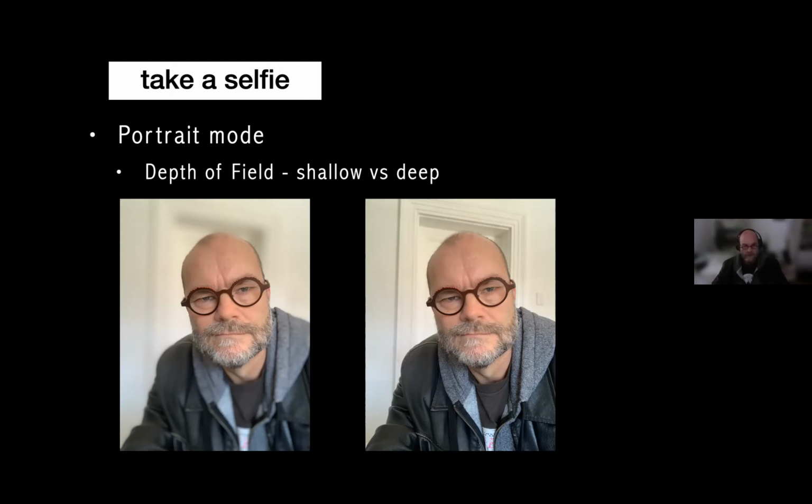On that shot on the right-hand side, I've got a very deep depth of field, which means everything is more or less in focus, from myself to the background, a lot of detail. And on the left-hand side, after taking the photograph with the on-phone software, I've been able to make the background out of focus. What that does is makes the background less confusing and it pushes you forward, it makes you more important.